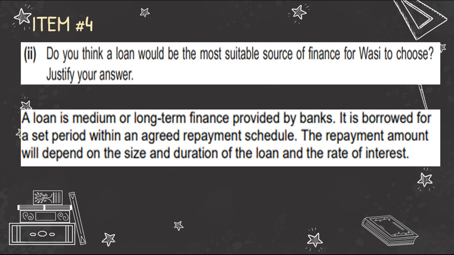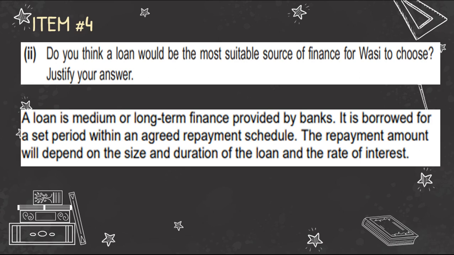A loan is a long-term finance provided by banks, and it is borrowed for a set period within an agreed repayment schedule, and the repayment amount will depend on the size and the duration of the loan and the rate of interest. So your first paragraph can be the definition of a loan.